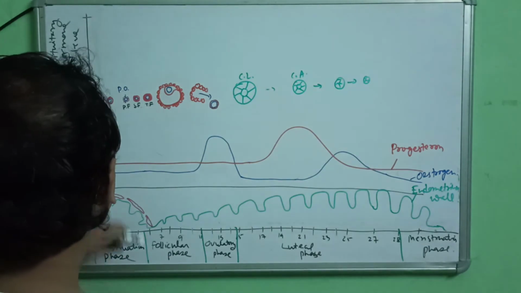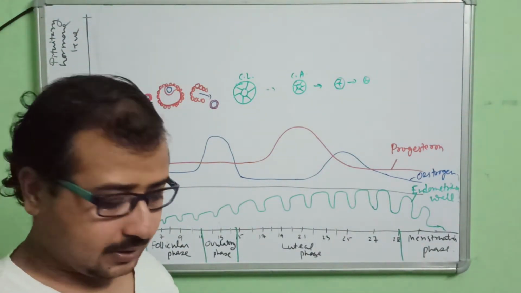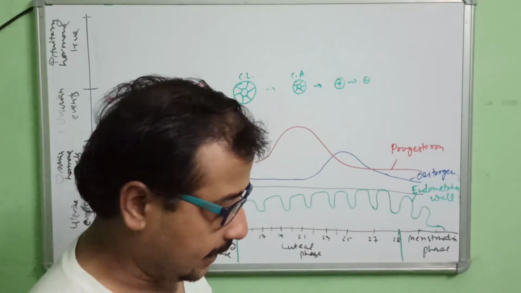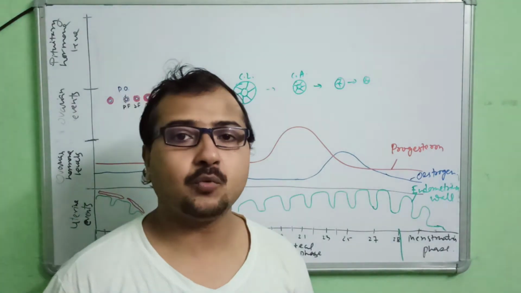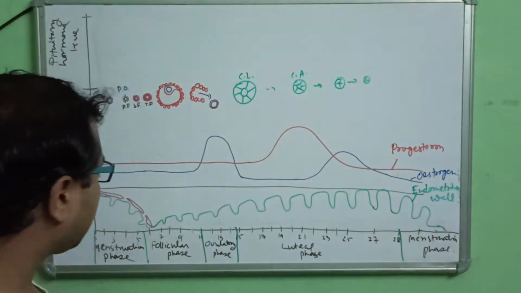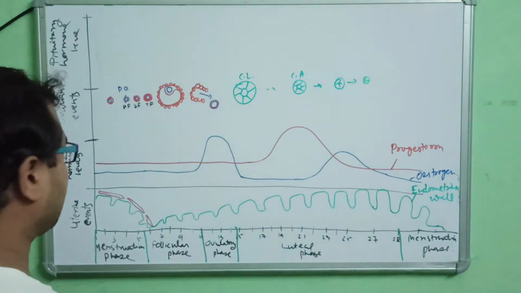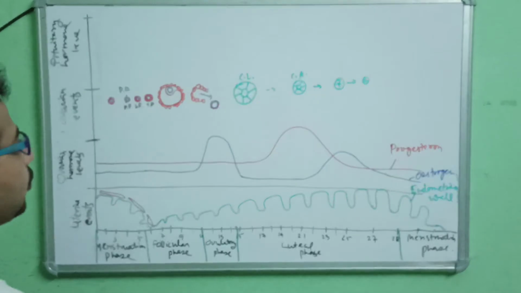Now the pituitary hormone levels, if you remember, let's use the blue and the red again. Pituitary hormones are what? FSH and LH. So where does the FSH level start? During the menstruation phase, the FSH level remains low.